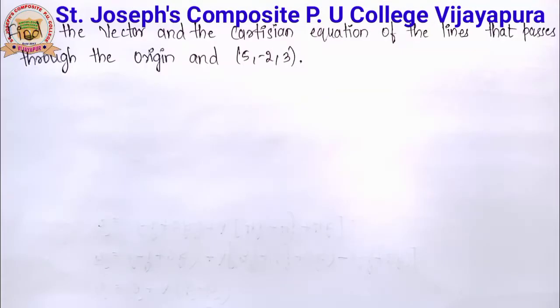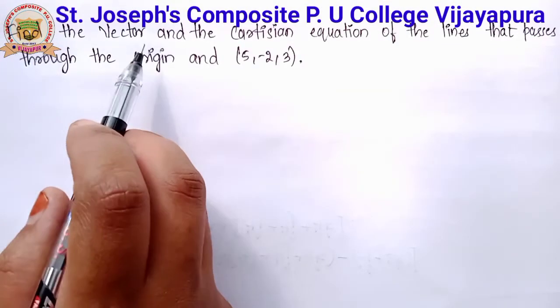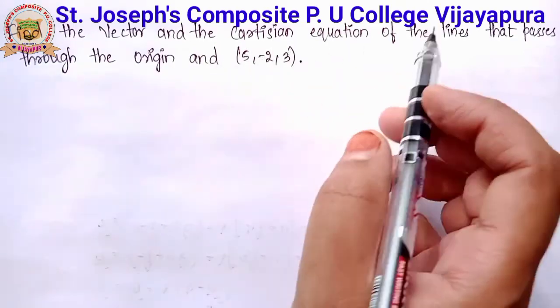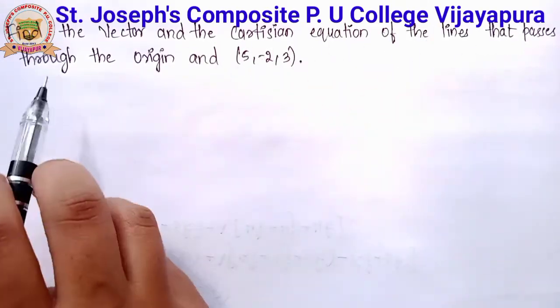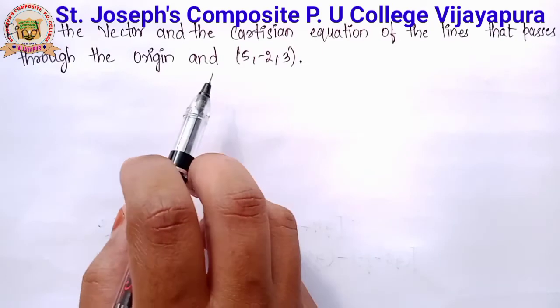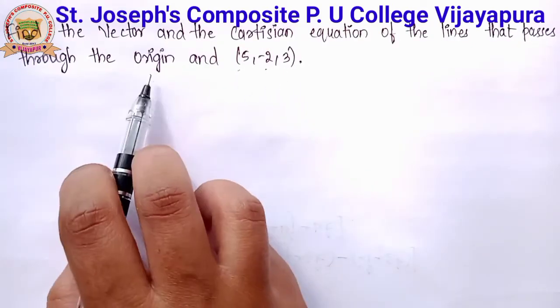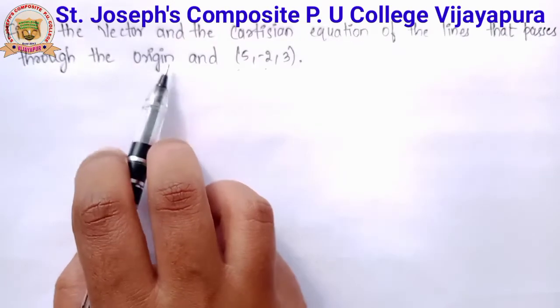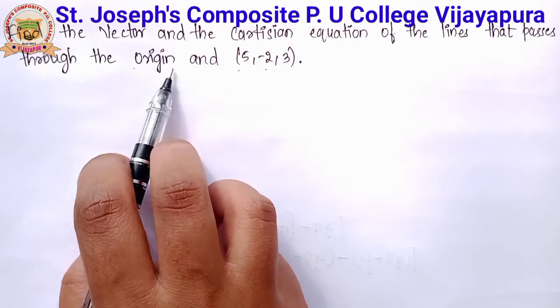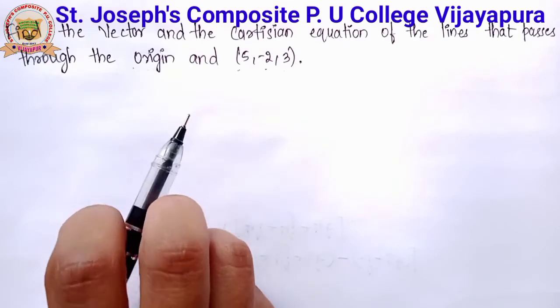Our next example is to find the vector and Cartesian equation of the line that passes through the origin and the point (5, -2, 3). We know the coordinates of the origin are (0, 0, 0).